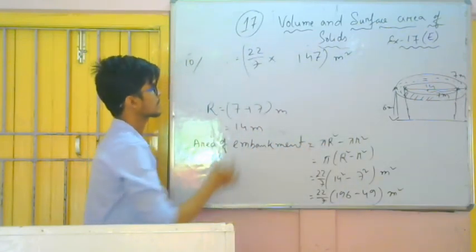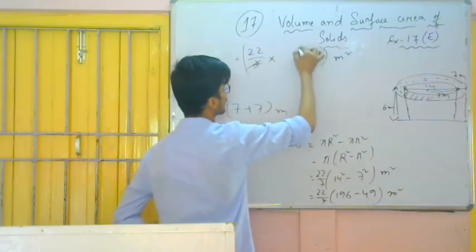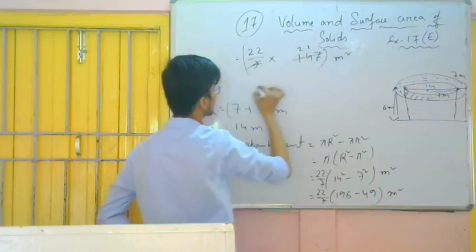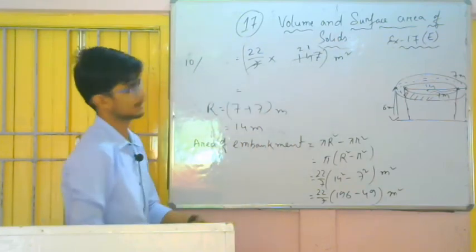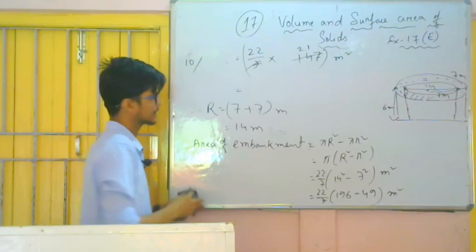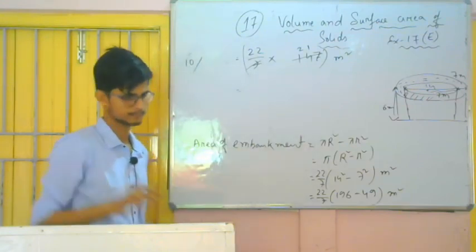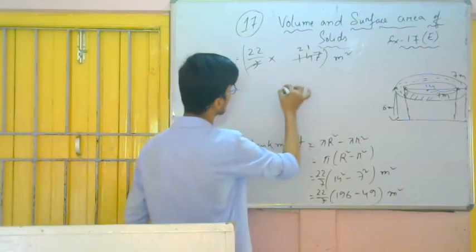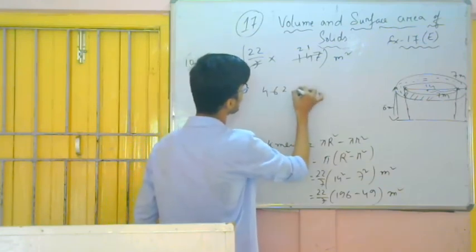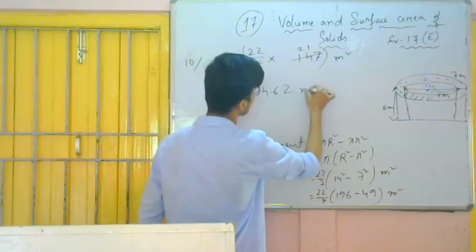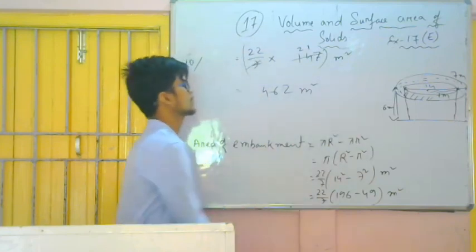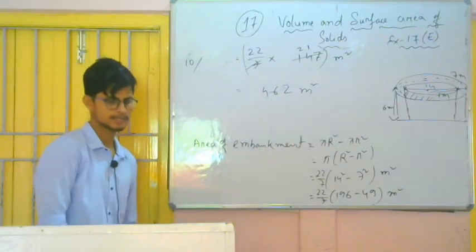So 7 with 7 I can cancel. 7 2s are 14, 7 1s are 7, that means 21. So 22 into 21, it is 462 meter square.